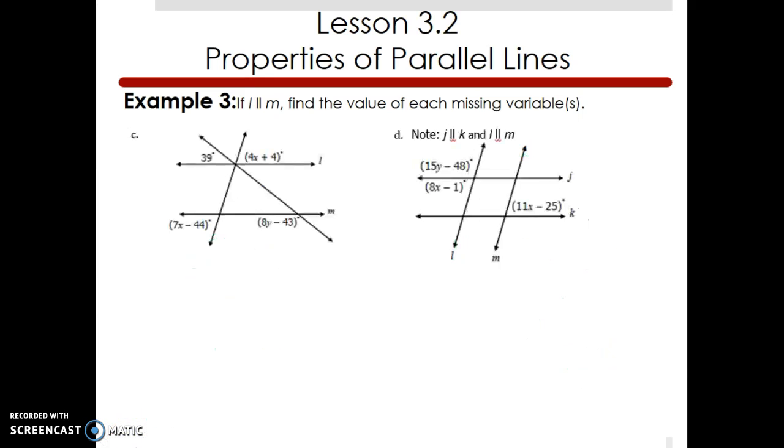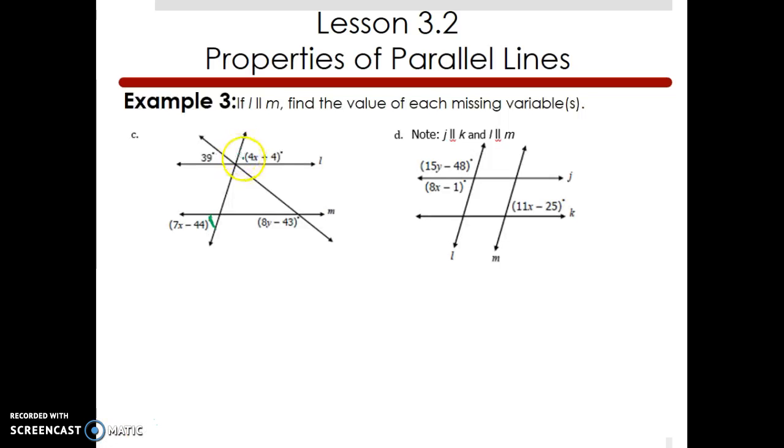So this one's a little bit tougher. So when you have multiple relationships, the first thing I would do is try to solve the same variable. So over here, I have x and over here I have an x as well. So what's their relationship? If I see this, I have two lines and I have a line cutting through this.